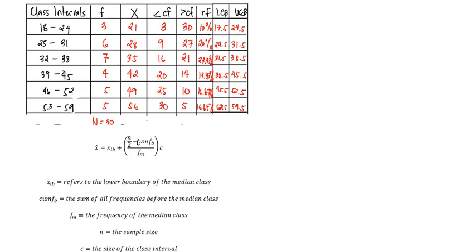They are the same formula. So we're gonna use that one to find the median of the data set. That is gonna be the formula, so we're gonna find out which are these, and then divide by f sub m times c.